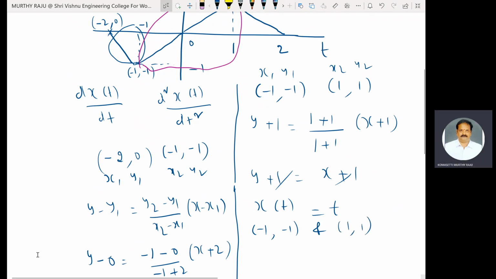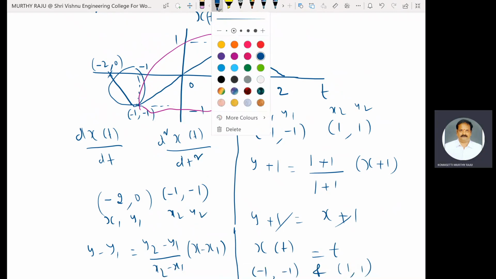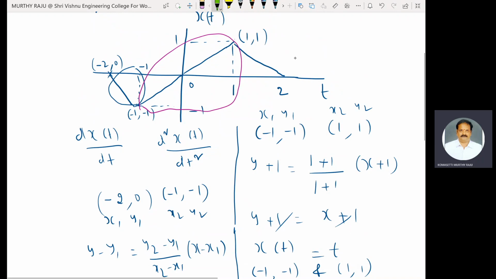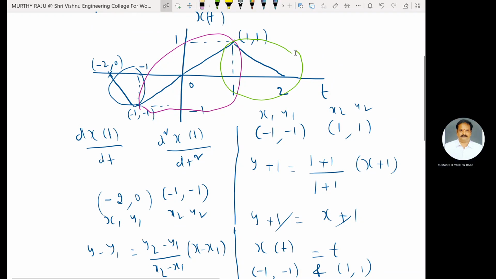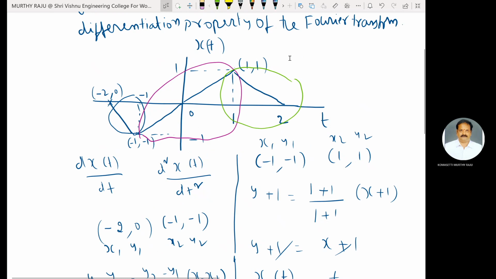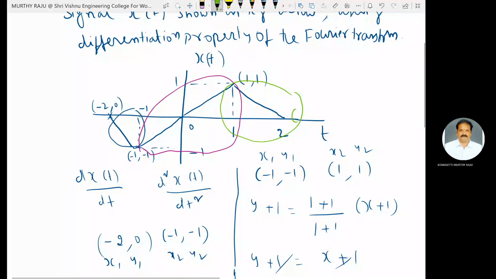Coming to the remaining portion, it is like that. This is 1, 1 here, and here 2, comma 0.